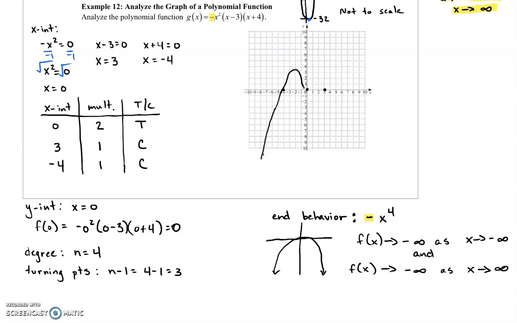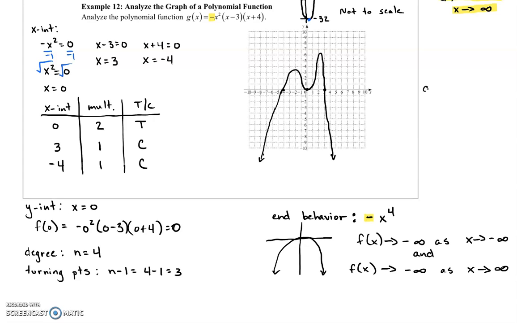At 0, it just touches, which means then it goes back up again. And at some point it turns around and comes back down to 3, crosses at 3, and continues on down to negative infinity. So it should look something like that.